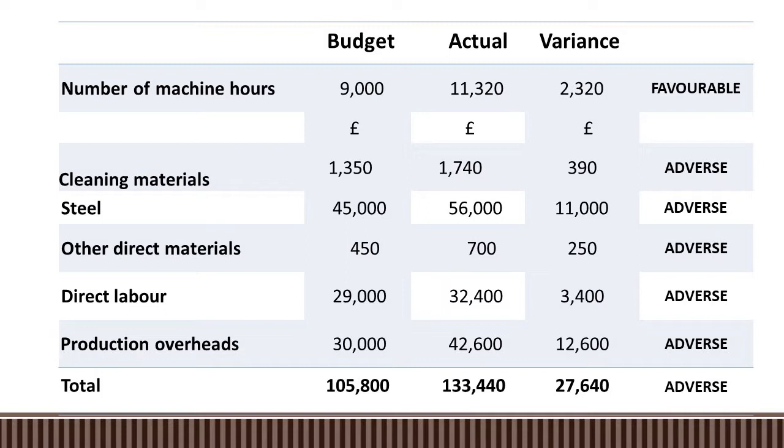However, that would result in low productivity, which is one of the biggest problems with traditional budgeting, that it hinders growth. So if this manager would try not to exceed the cost, they would not accept any orders more than 9,000 machine hours.